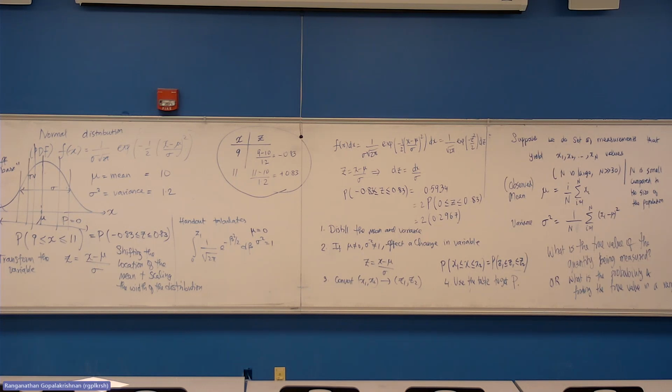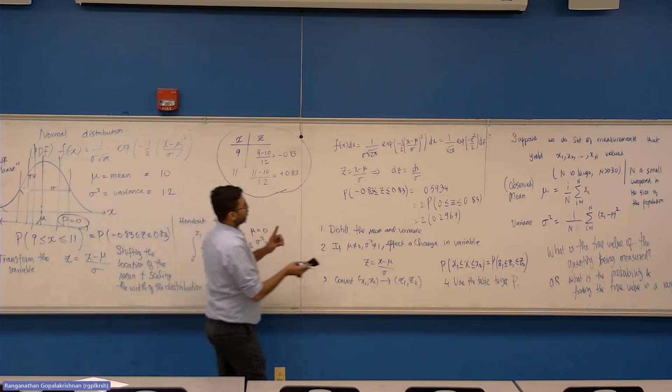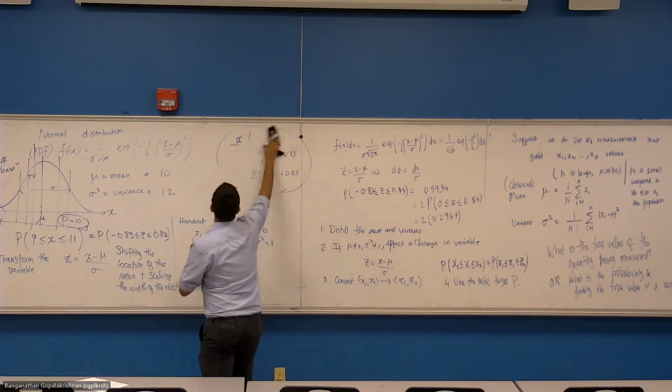I can also do it the other way. I can select the probability. That is, I want to select a range in which the probability of finding the truth is very high, like 95%.